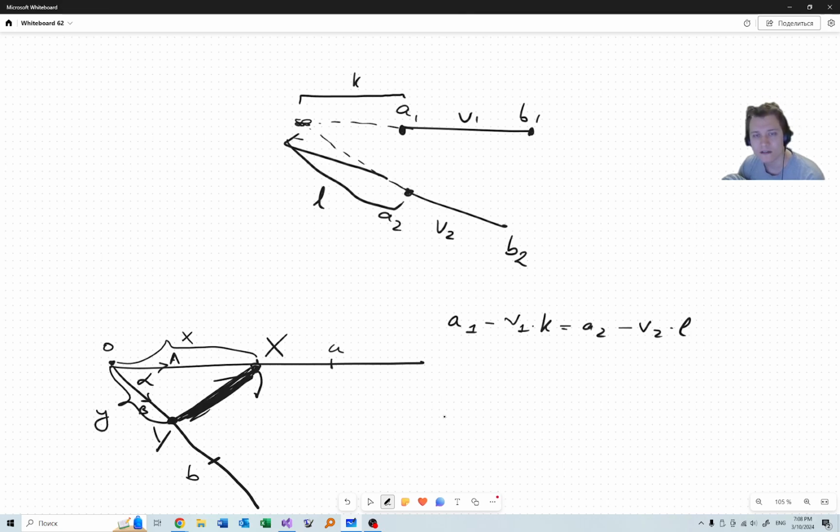Okay, let's rotate. Let's call the rotation r. Let's multiply both sides by r of v1.